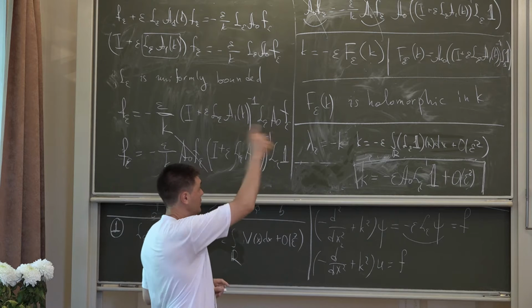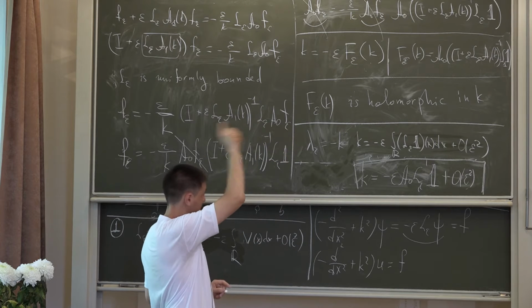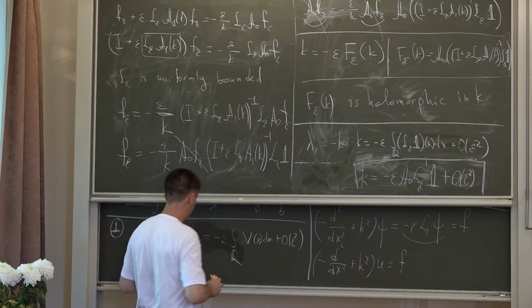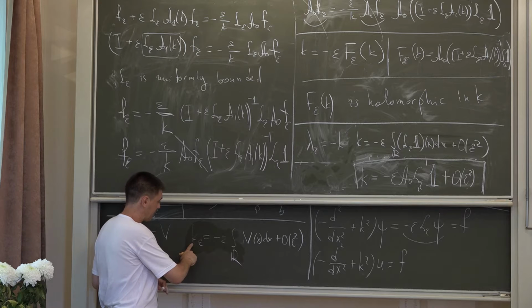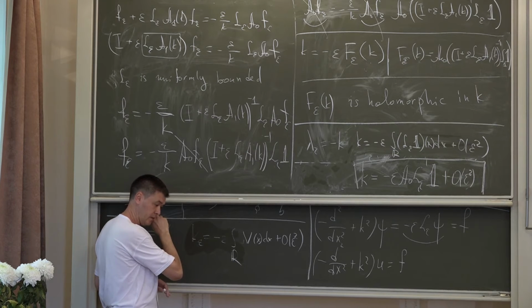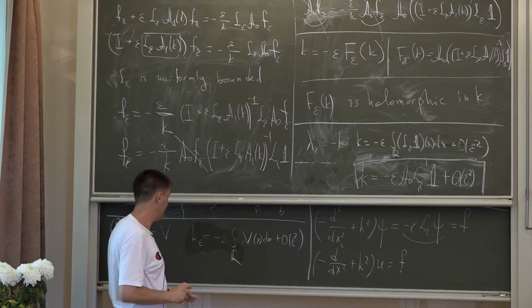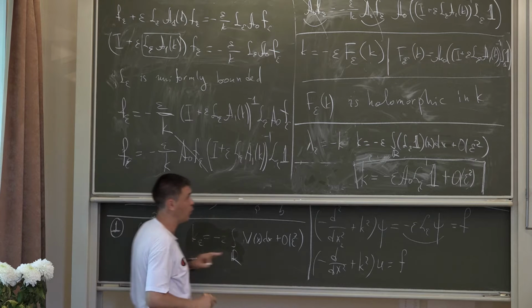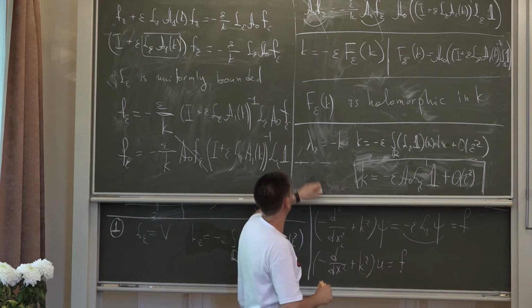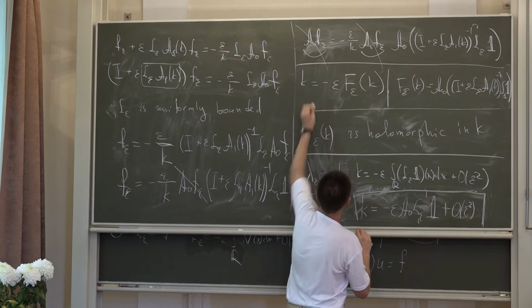It seems that there should be minus here in U of x. No, it's fine. So this is the solution to our equation, which I had here, I mean this one.